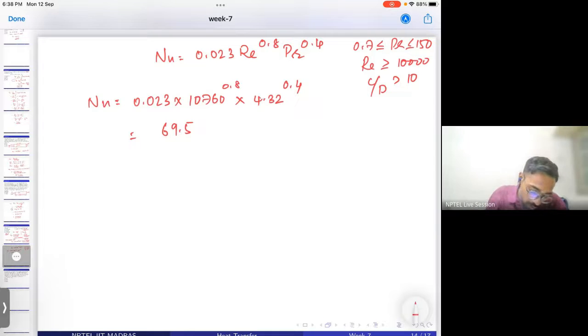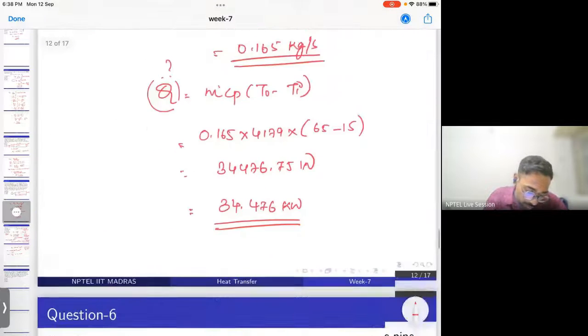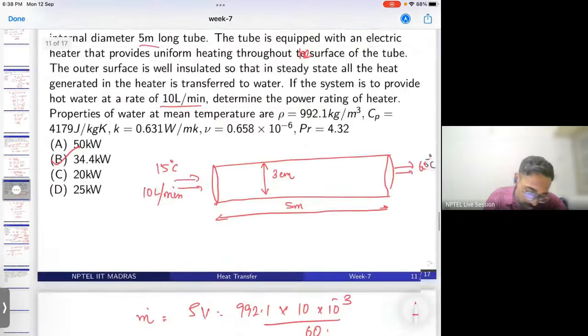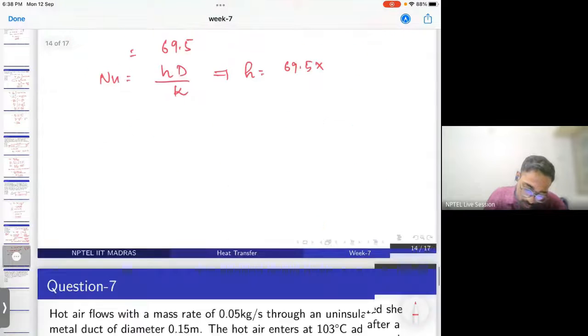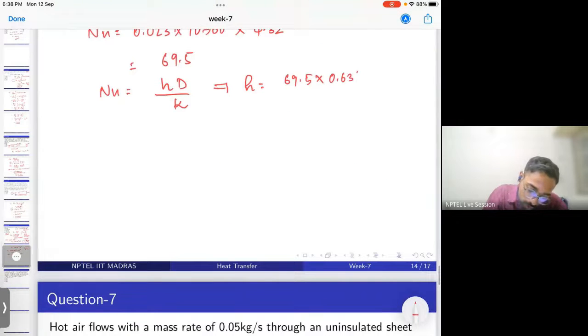Now we know the Nusselt number is equal to HD by K. So H is equal to 69.5 into K, which is also given, 0.61 divided by D, 0.03.